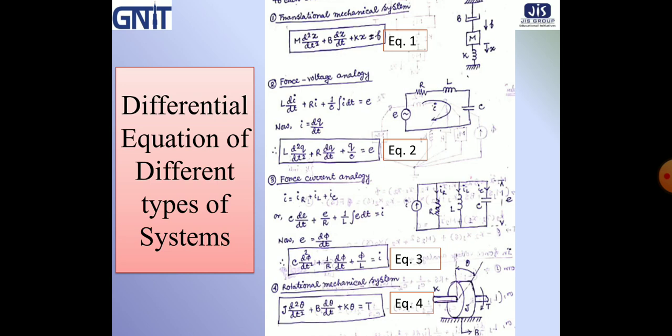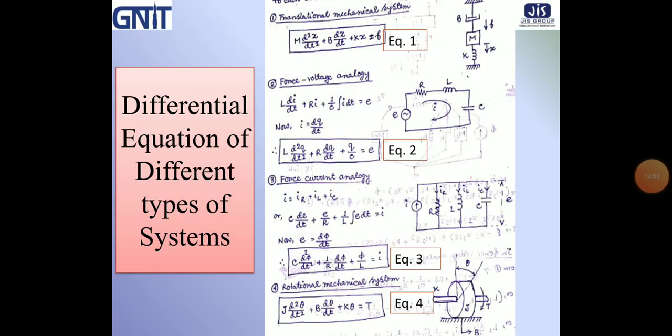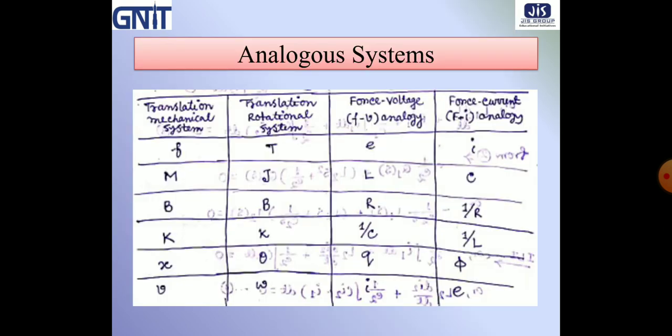So if we compare the 4 equations this way and form a table, like a chart, then we get this. Here 4 columns are there.